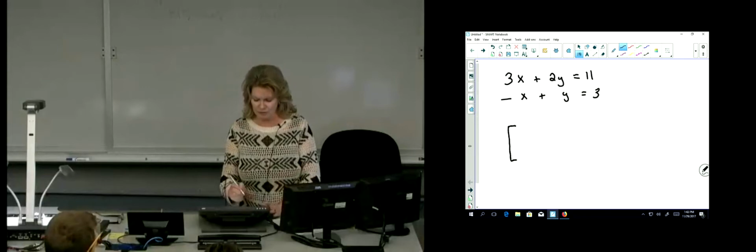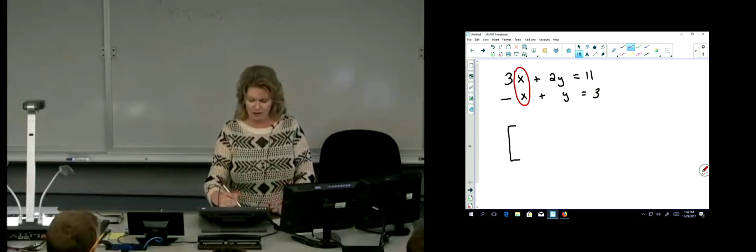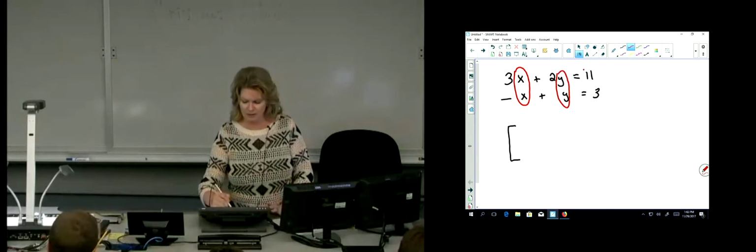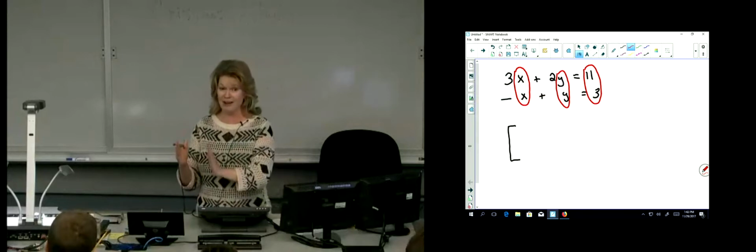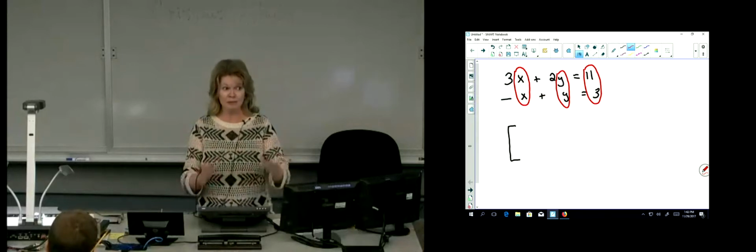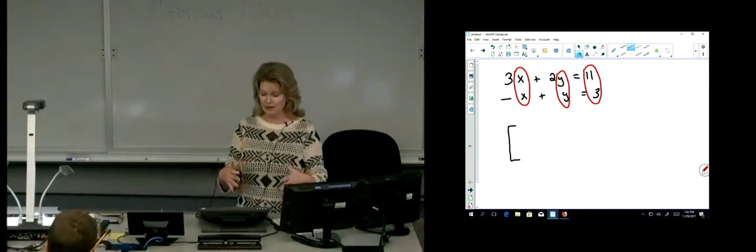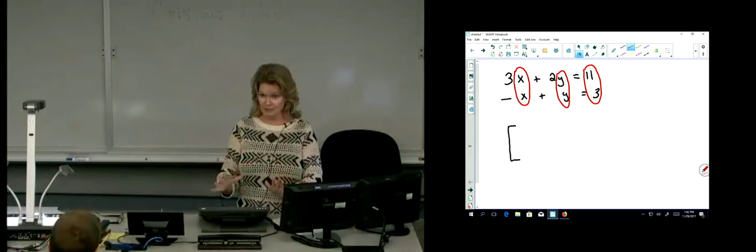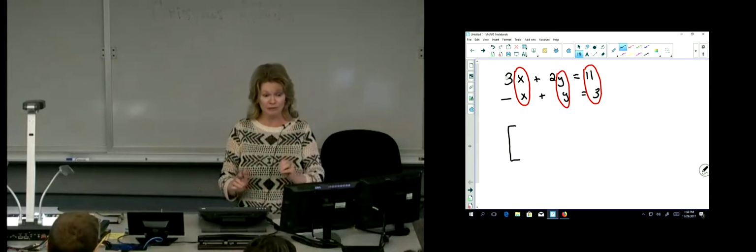What matrix form means is you have to first make sure that your x's and y's are lined up and that your numbers that don't have an x or y are on the other side by themselves. Okay, so it has to be in this display before you can put it in a matrix form. Once everything's lined up like it's supposed to be, all you're going to type into your matrix or write into your matrix is the coefficients.